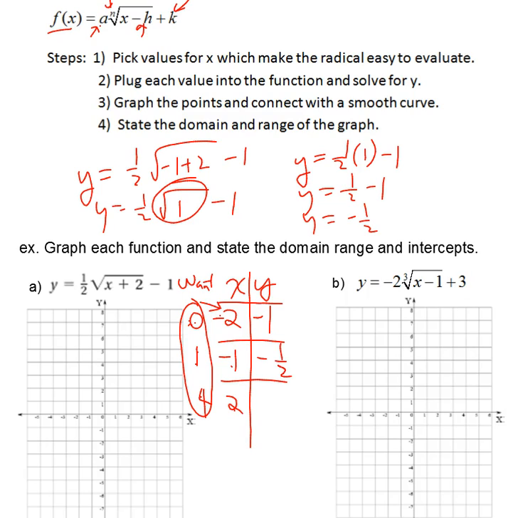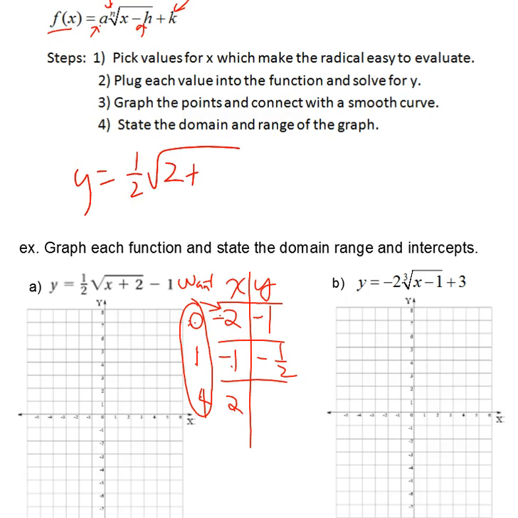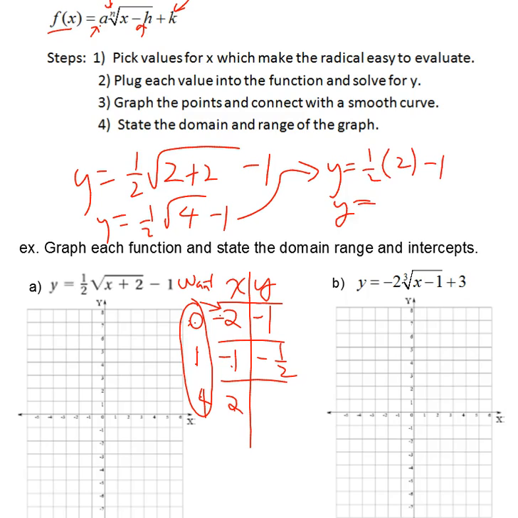And then lastly, plugging in a 2, y equals 1/2 times the square root of 2 plus 2 minus 1. So y equals 1/2 of the square root of 4 minus 1. So y equals 1/2 of 2 minus 1. So y equals 1 minus 1.